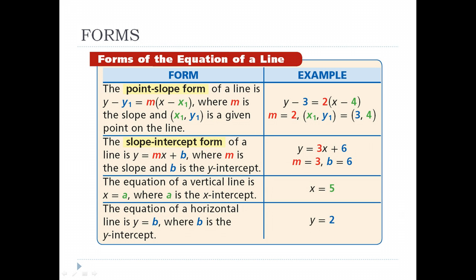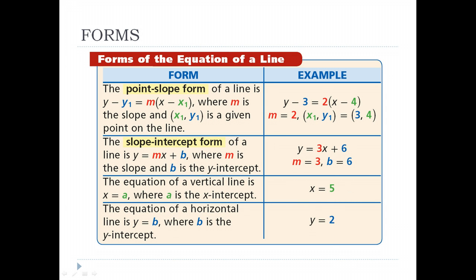The equation of a vertical line will not have any y's in it. Since a vertical line has an unchanging x, then we simply have whatever x equals, and that is the equation of the line. It is the x-intercept. For every y, x equals 5 in this example.